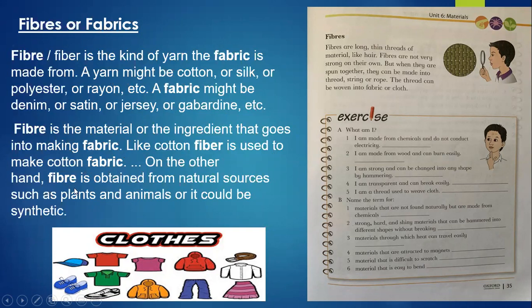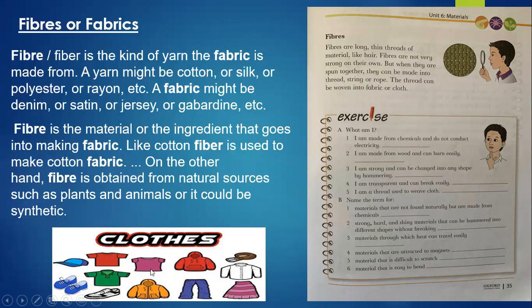Fiber is obtained from natural sources such as plants and animals, or it could be synthetic. Synthetic means by the artificial process. We can make fibers artificially also. And then with the help of fibers, it goes through very long procedures. Then you have your dresses, your bed sheets, your towels.